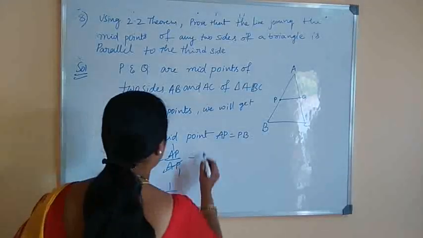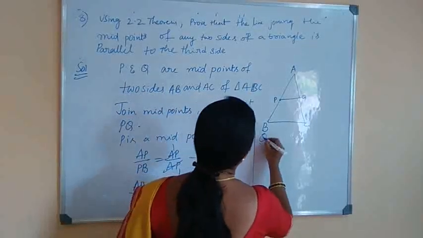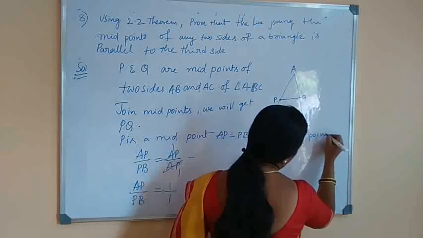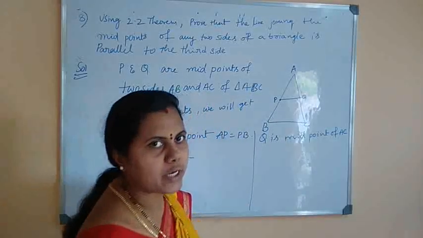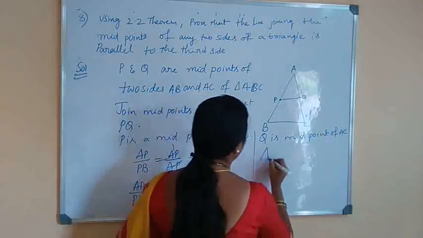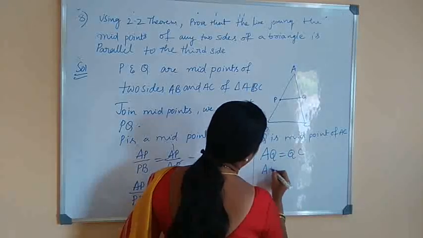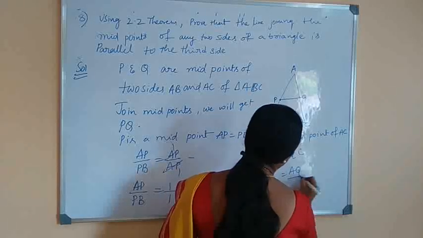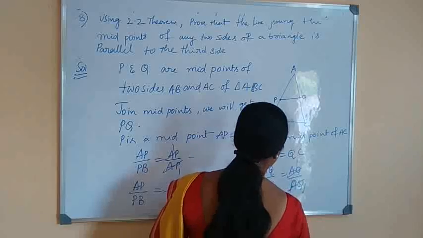Next, Q is the midpoint of AC. Then AQ is equal to QC. Then AQ by QC, if you take AQ by AQ, AQ ones are AQ.